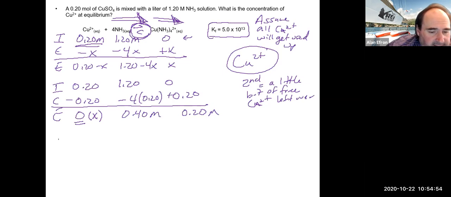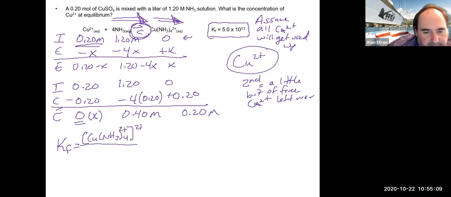And what that means is, if we go into our Kf, it is our product divided by our reactants, and that equals our 5 times 10 to the 13.